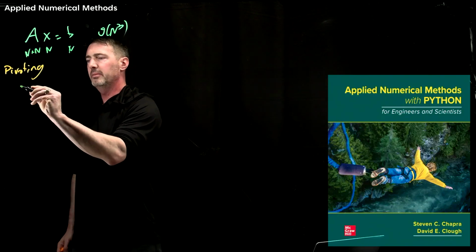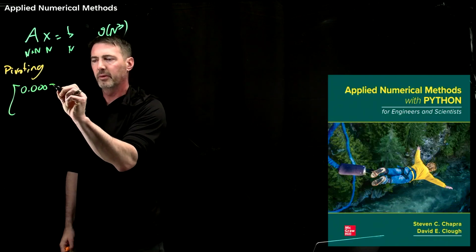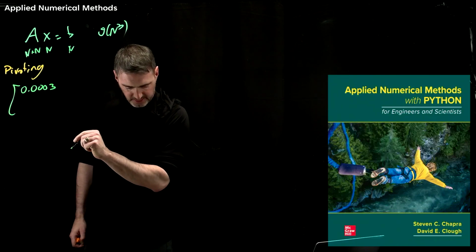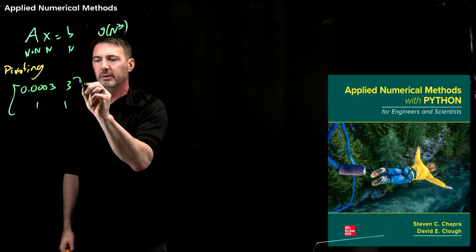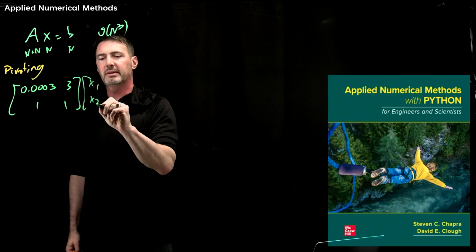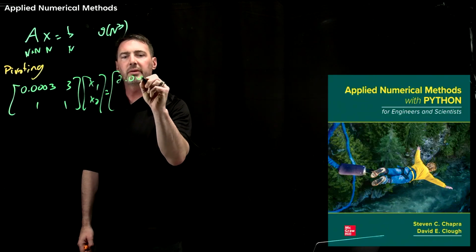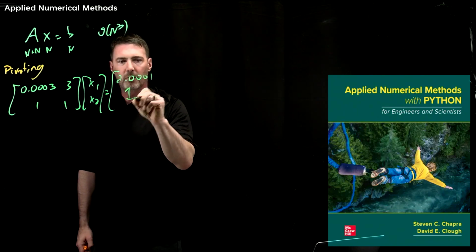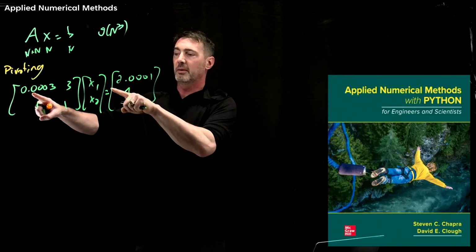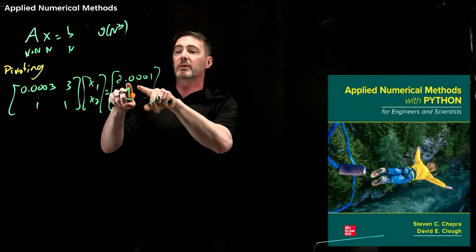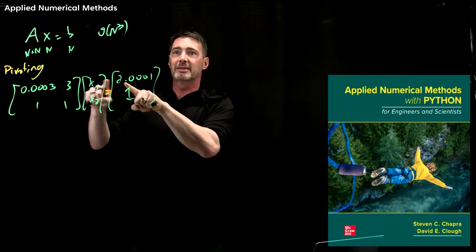So imagine my matrix with 0.0003 and 3, 1, 1 times x1, x2 is equal to the right-hand side 2.0001 and 1. So this is two equations, two unknowns: 0.0003 times x1 plus 3 times x2 is equal to 2.0001. That's equation number 1. Second equation is x1 plus x2 is equal to 1.